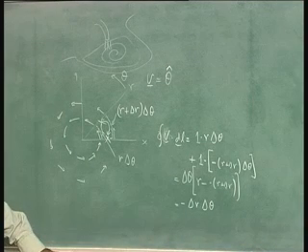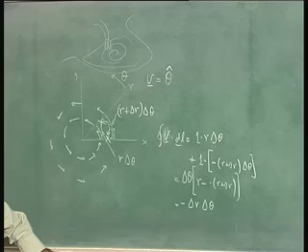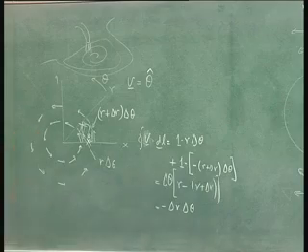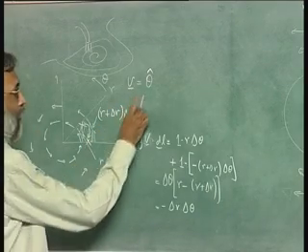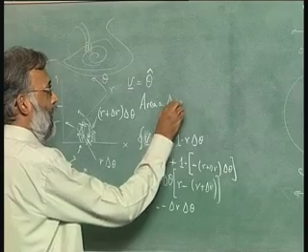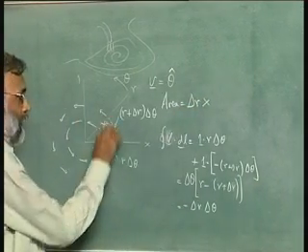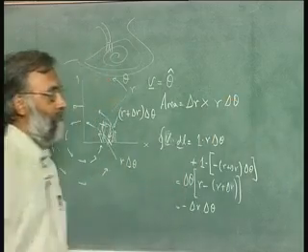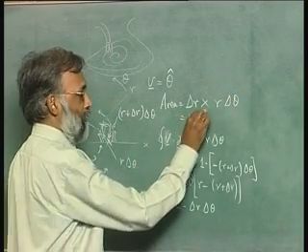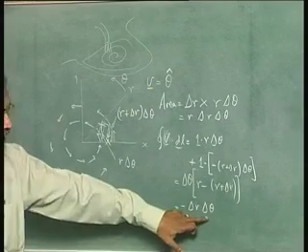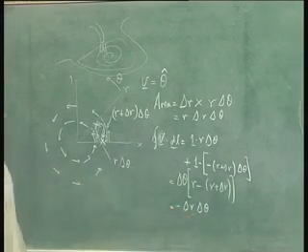Now, to get curl, I must divide by the area of this loop. What is the area? Area is equal to delta r times this length, which is r delta theta. So, it is r times delta r delta theta. And if you look at the curl, it has only a delta r delta theta.